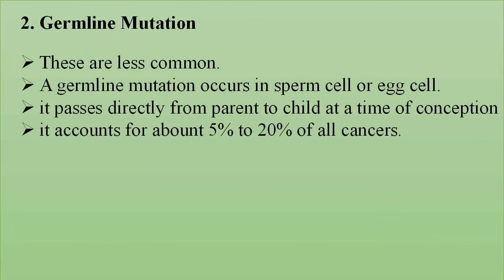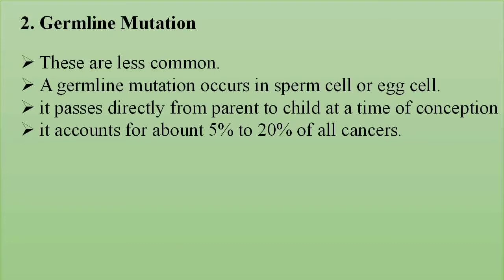Next is the germline mutation. These are less common. A germline mutation occurs in sperm cells or egg cells. It passes directly from parent to child at the time of conception. It accounts for about 5% to 20% of all cancers. A germline mutation is a relative change in the DNA of sex cells destined to become the sperm or egg, and the zygote that is conceived at a single cell stage.